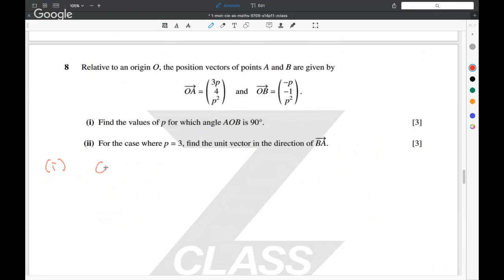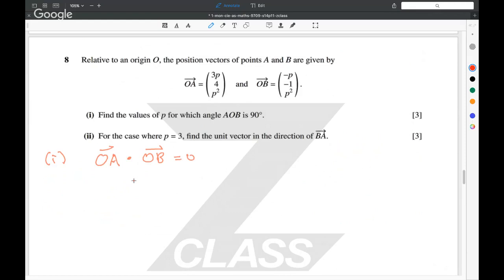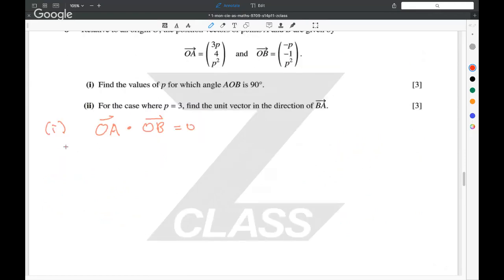So we have OA dot OB equals 0. Write that out in terms of 3p, 4p squared dotted with minus p, minus 1, p squared is 0, and you just multiply term by term together.